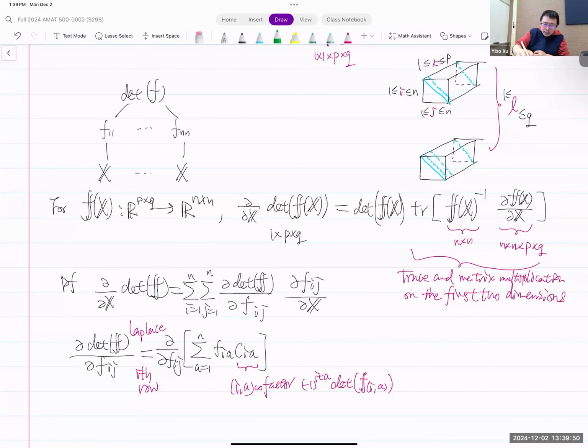But here I'm writing things out because Fij is changing in the partial derivative calculation, and nothing else is changing. I remove the ith row and ath column, so the ith row is already eliminated. So these things circled are definitely not changing. The C_ia are not changing at all.